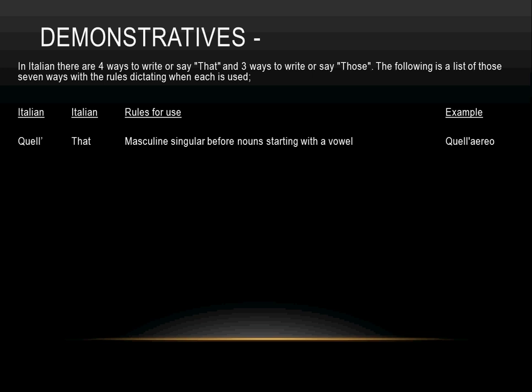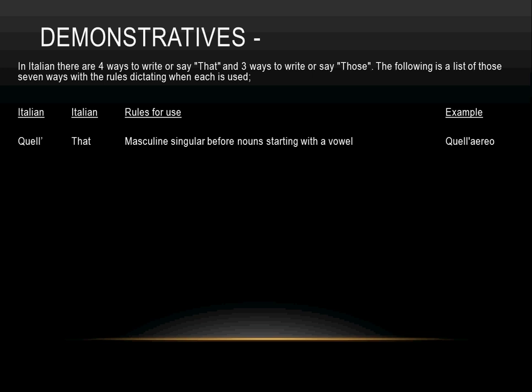This one is going to parallel whichever definite article you used. By that, I mean it'll start off with QUE, usually add an L, and then the next part is a duplicate of the definite article. Now, if you remember, aereo, airplane.